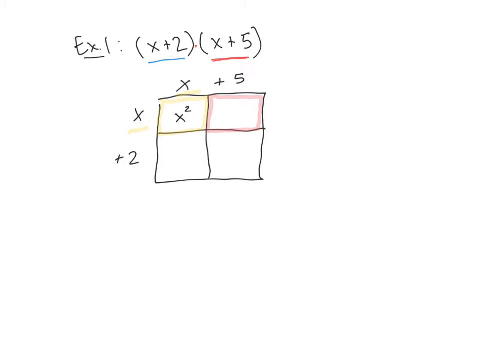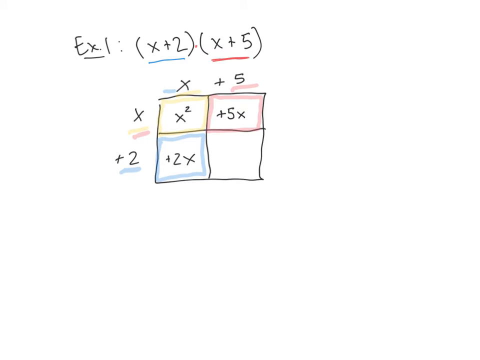I'm going to take x times 5 because that's the row x and the column 5. And x times a plus 5 makes a plus 5x. Then I'm going to look at this bottom left box, which is the row of plus 2 and the column of x, and a plus 2 times x makes a plus 2x.